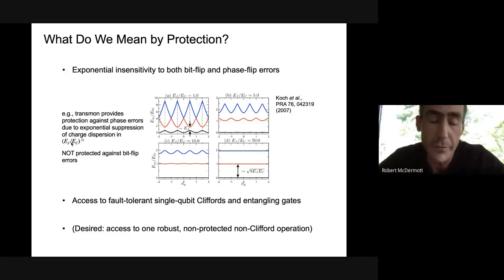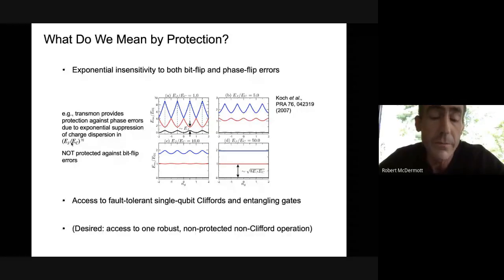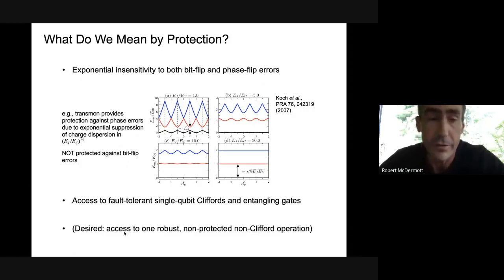And we would like for that non-Clifford gate to be robust, although as far as we know now, it's not possible to achieve a fully protected non-Clifford operation. So the 0-pi does provide access to this robust non-Clifford operation, but I'm not going to say anything about that in this presentation.